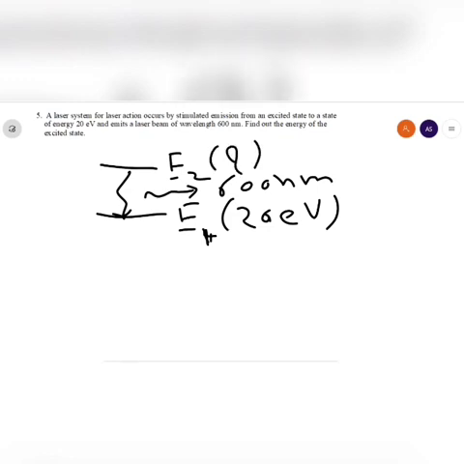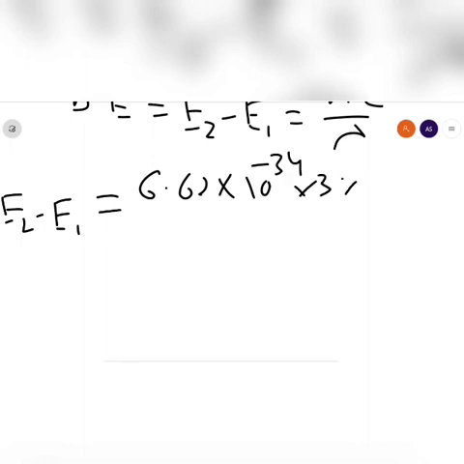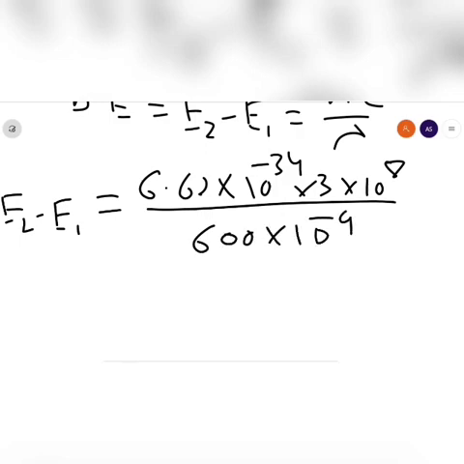You know the value of delta E is equal to E2 minus E1. You can write hc by lambda. You can write E2 minus E1 is 6.62 into 10 to the power minus 34 into 3 into 10 to the power 8 divided by 600 into 10 to the power minus 9 meter.